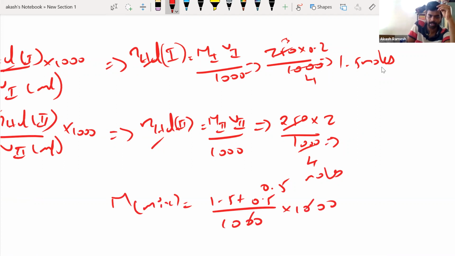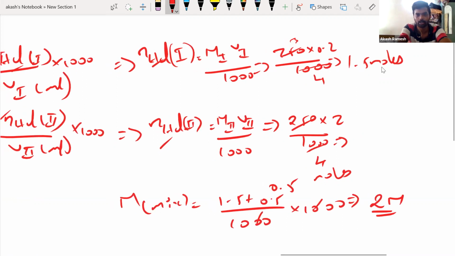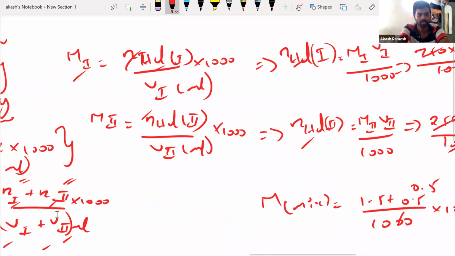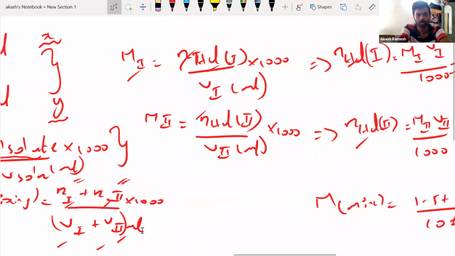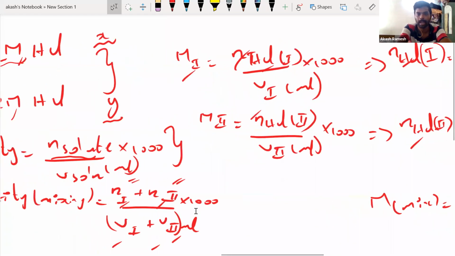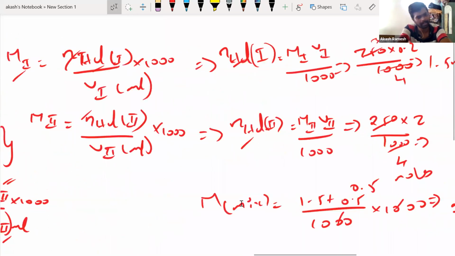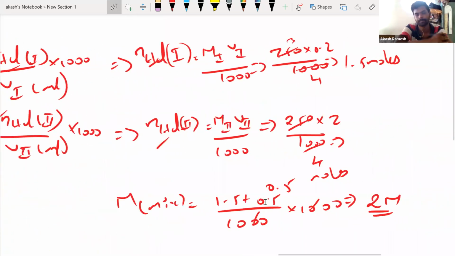So 1000 gets cancelled, and 1.5 plus 0.5 will become 2 M. That's the answer. I don't know how you got that. This is very simple. I just substitute whatever I got into the equation: molarity of mixing equals N1 plus N2 divided by V1 plus V2 into 1000. N1 and N2 I calculated from the molarity equation itself, and then I just substituted. That's it. The answer is 2 M.